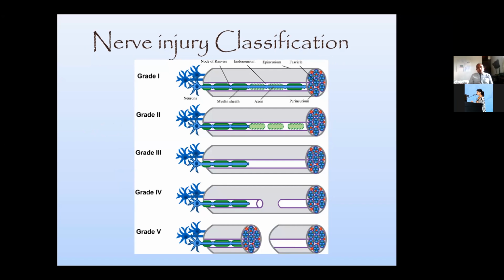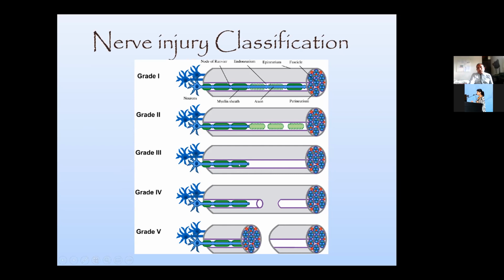But when it comes to grade 2, you can see the blue color, that is the axon, and the axon is gone, but the endoneurium is there. And when it comes to grade 3, the axon is gone, the endoneurium is gone, but the perineurium is intact.